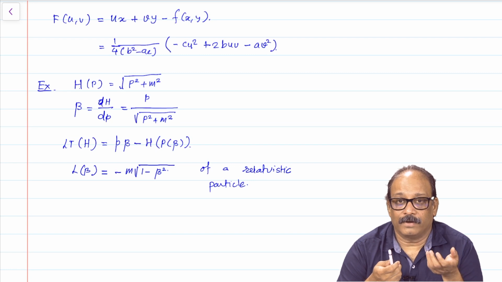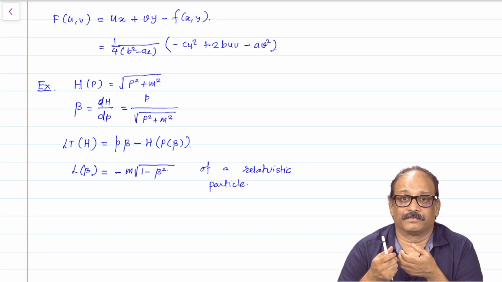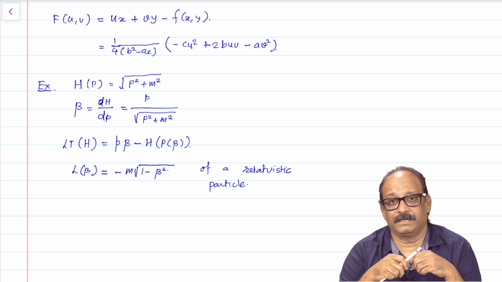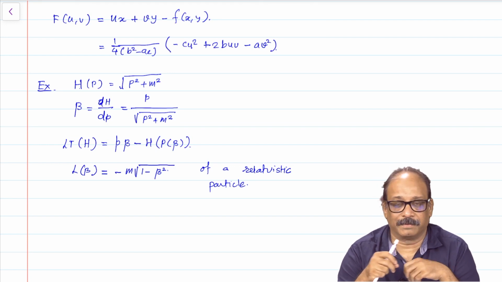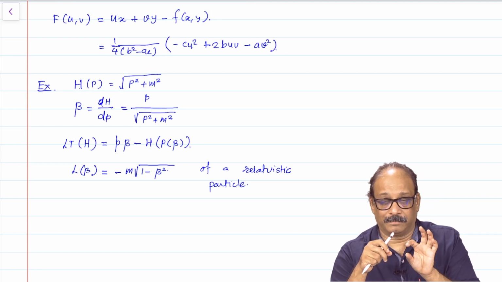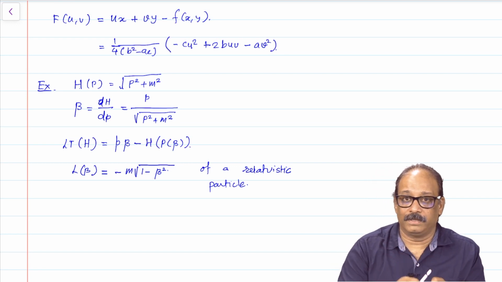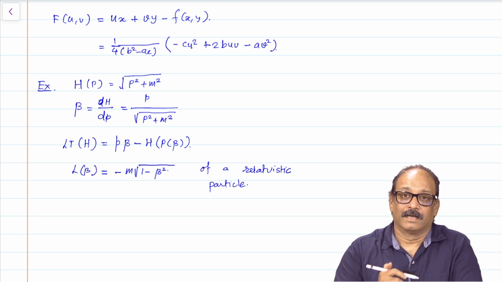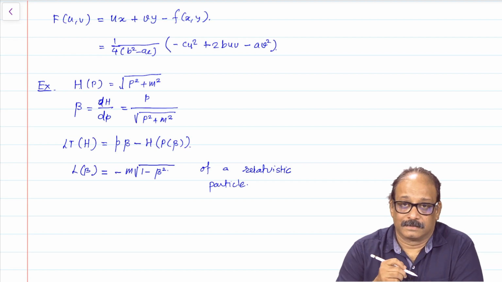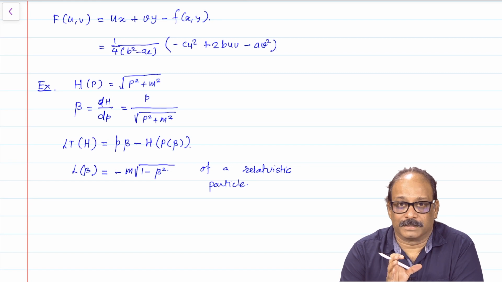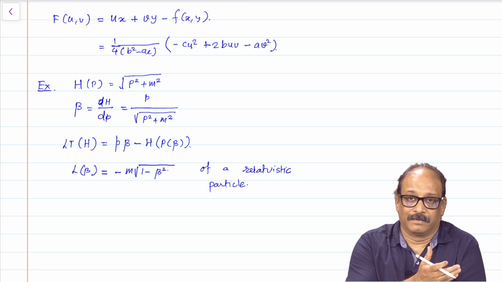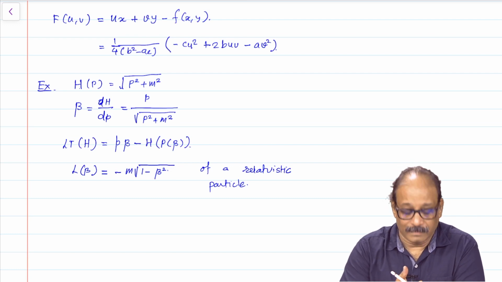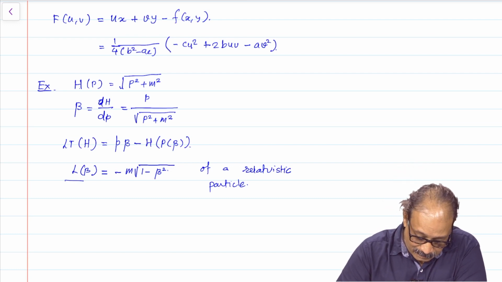And how do I get these new equations of motion? Remember, we redefined the momentum and then wrote down the equation as dp by dt as f. But that p now is not the old Newtonian p, but the new p. This equation of motion also can be obtained from some Lagrangian by simply using Lagrange's equations, and that Lagrangian just turns out to be this.